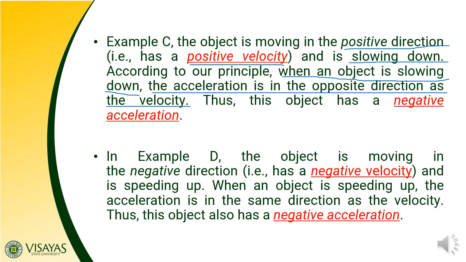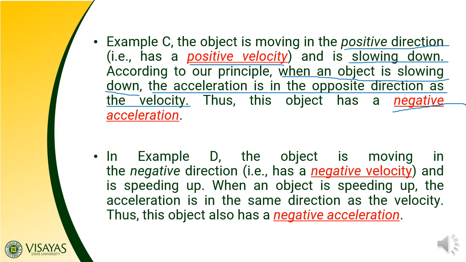Since the velocity is positive, the acceleration must be negative, because the object is slowing down. So that's it. How about example D?